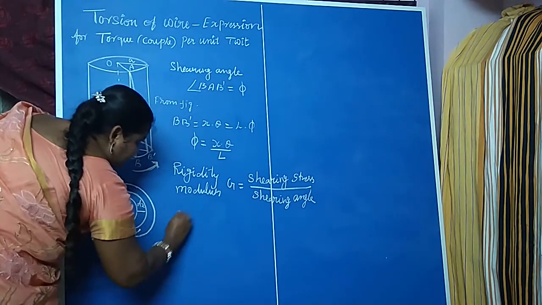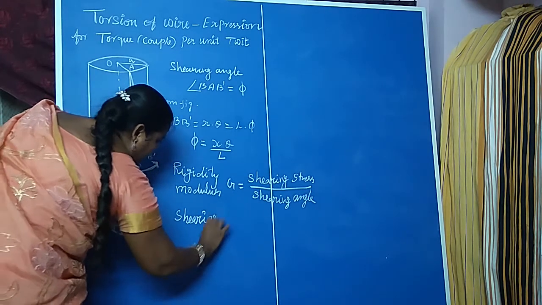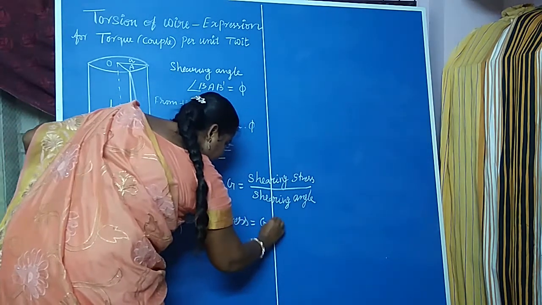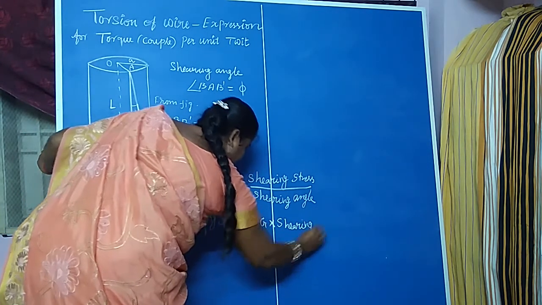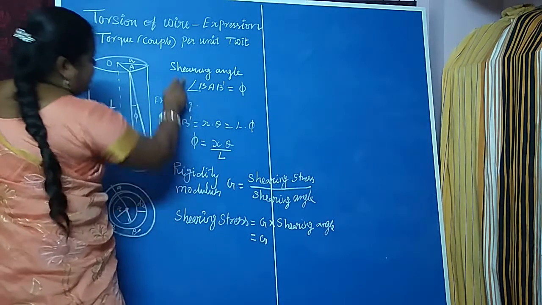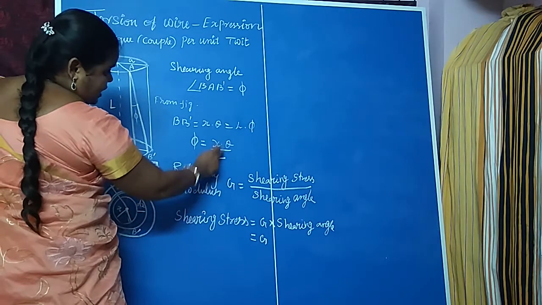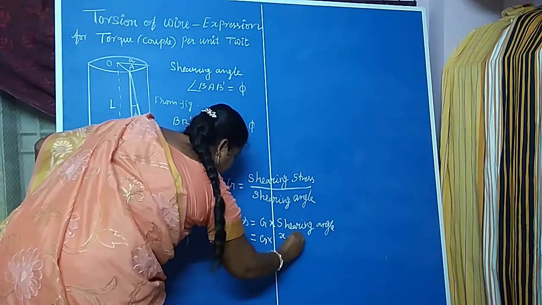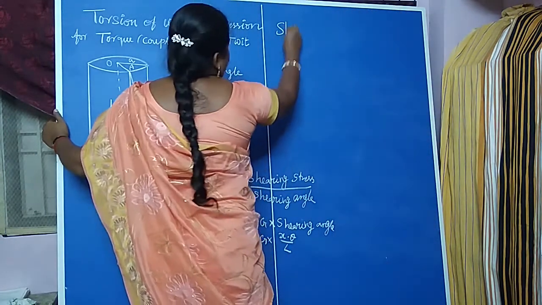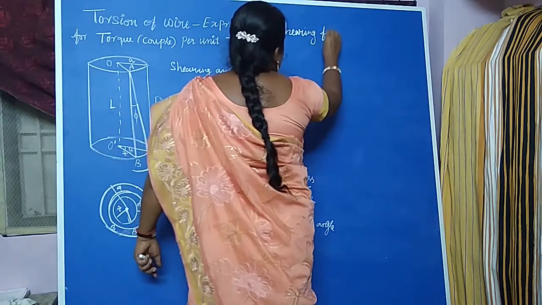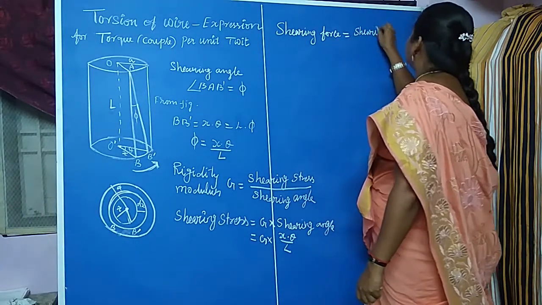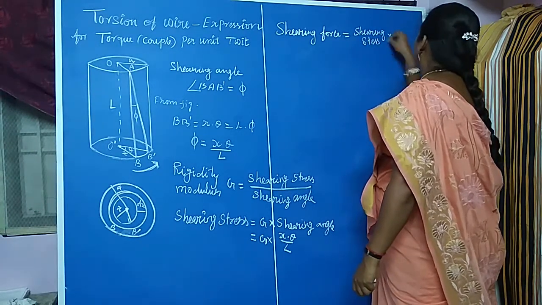From this relation, shearing stress equals G into shearing angle, which is equal to G into x theta by L, since we got the shearing angle phi equal to x theta divided by L. Then shearing force takes the formula shearing stress into area.